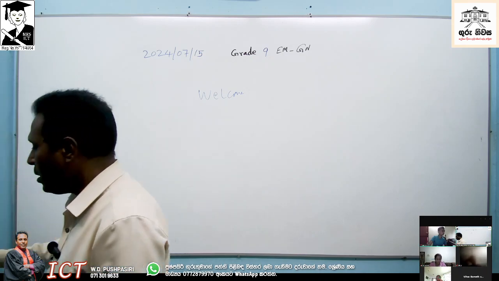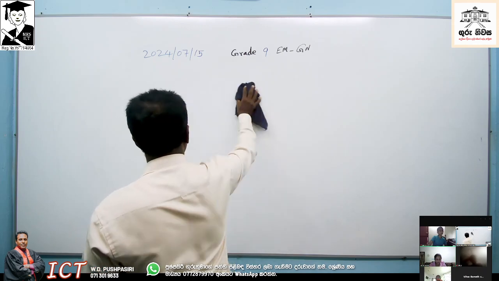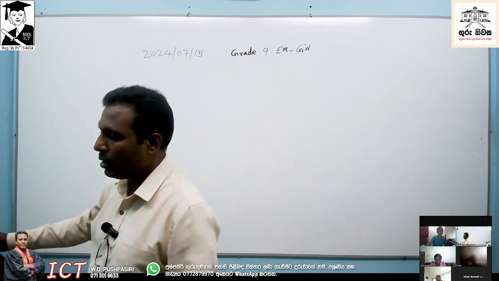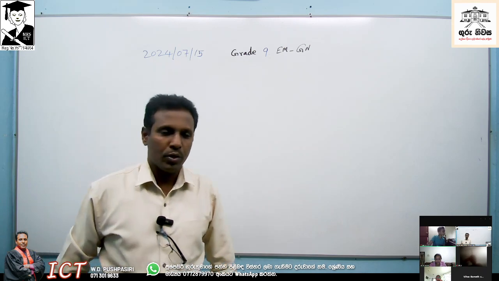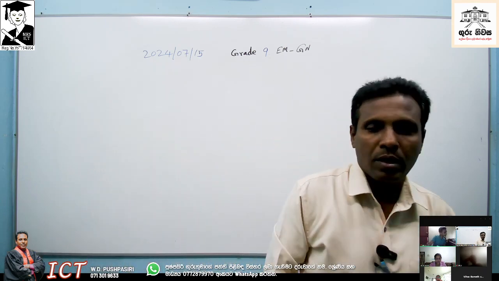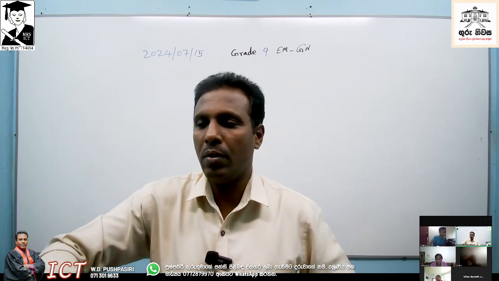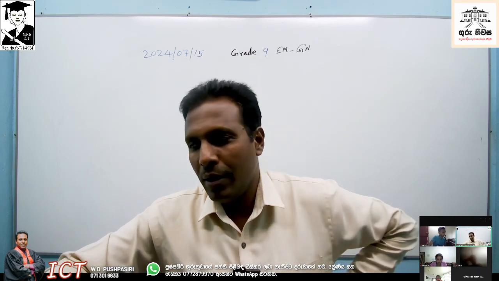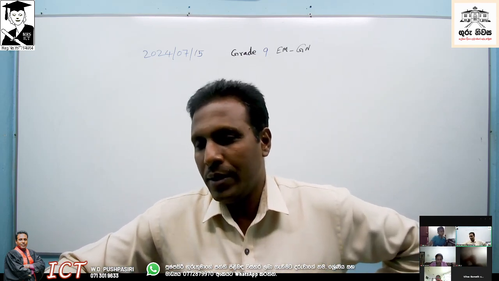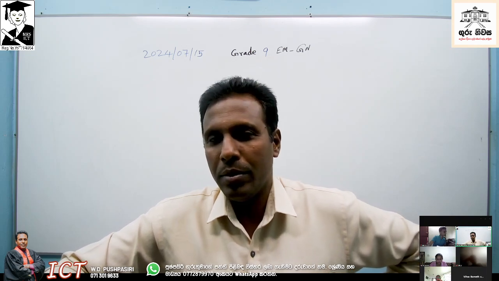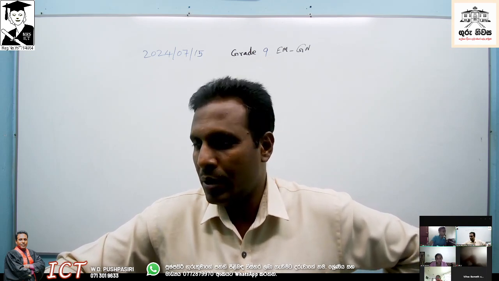The data in the non-volatile memory does not get erased even if there is no electricity. The program that the microcontroller should execute is stored in it. So what do you mean by volatile memory? Volatile memory is a temporary memory.